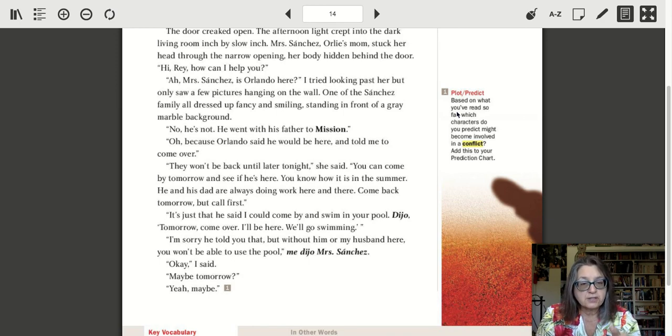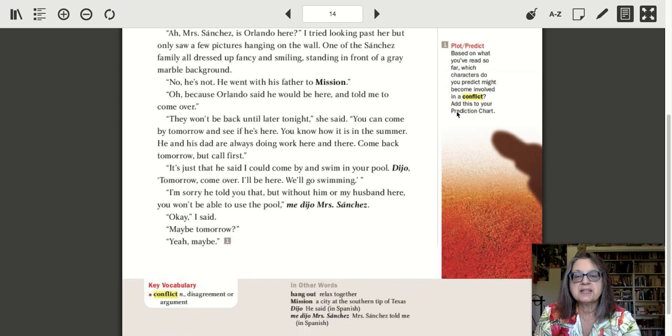So there are 2 characters that we've met, the narrator and Mrs. Sanchez. There are also 2 characters we haven't met but who've been mentioned here. The rest of Mrs. Sanchez's family, her husband, Mr. Sanchez, and her son, Orlando, or Orly.